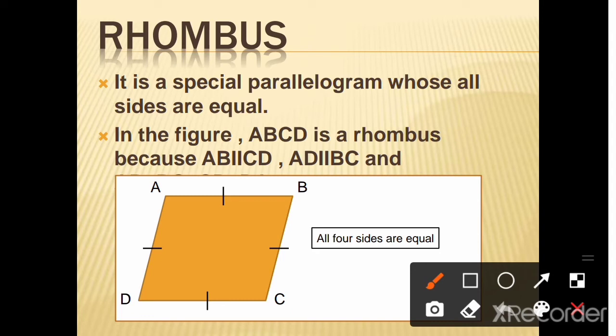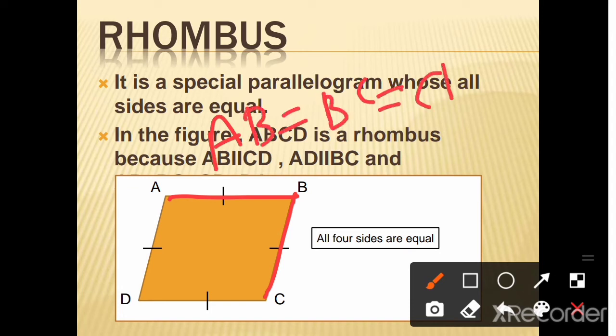All sides are equal, which means AB equals BC equals CD equals DA. A rhombus is like a square, but there is one difference between a rhombus and a square. In a square, all angles are equal to 90 degrees, but in a rhombus, all angles need not be 90 degrees.